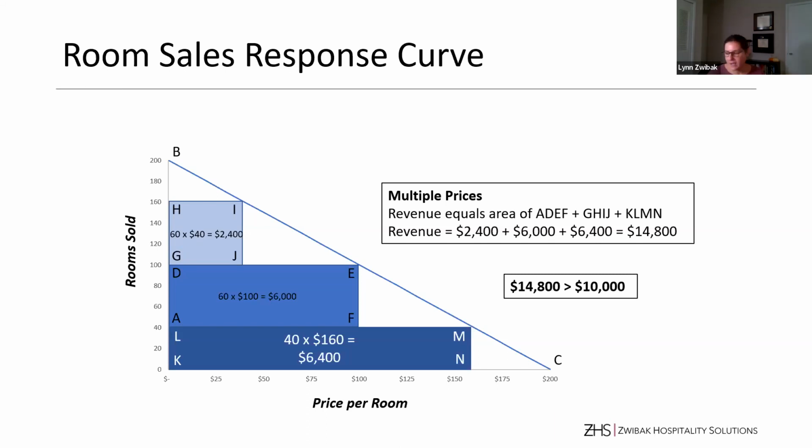Yeah, so linear demand being that as you move along the curve, as the price goes up, then the number of rooms sold is going to go down. That's the typical demand curve, right?